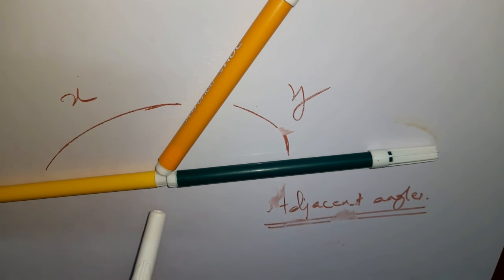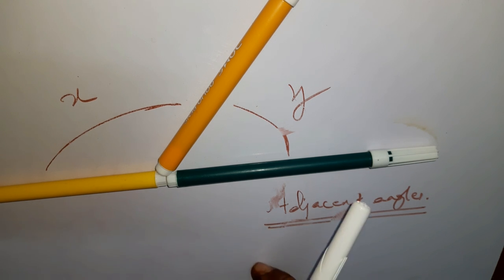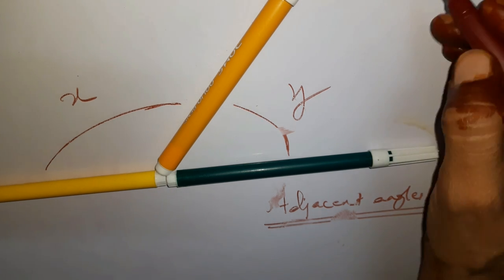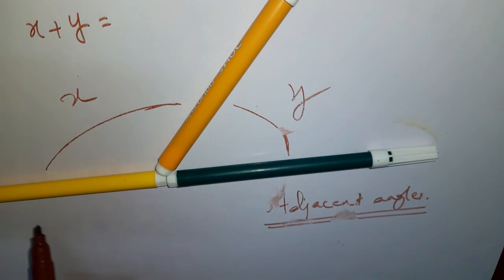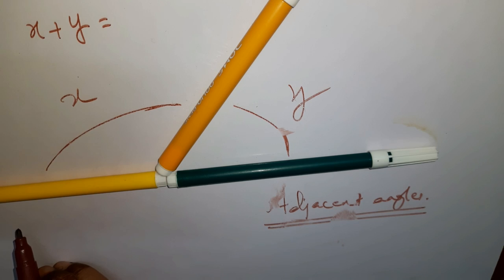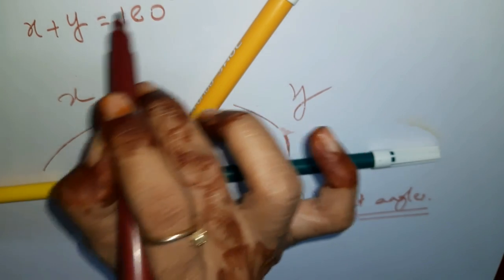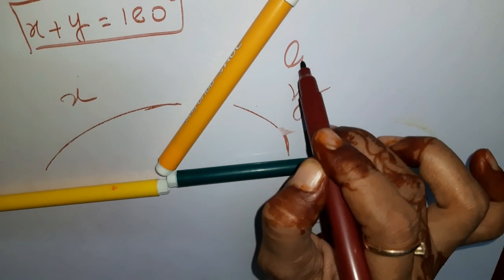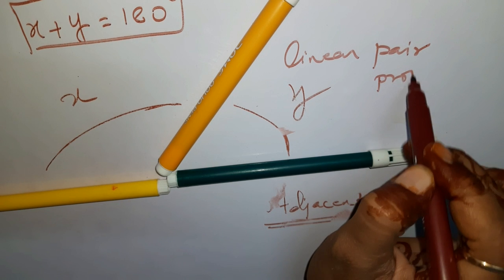In such cases, we form a linear pair of angles. What do we call it? Linear pair of angles. Linear pair of angles, when combined together, form 180 degrees, X plus Y. As you find, when you get a linear pair, definitely the sum of the angles is going to give you 180 degrees, and such a property is known as the linear pair property.